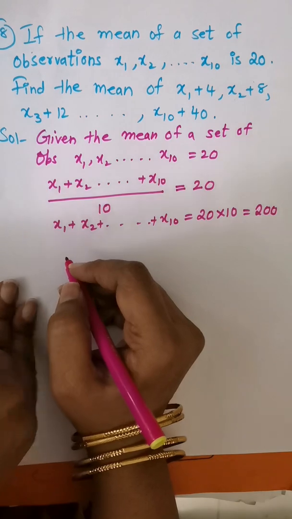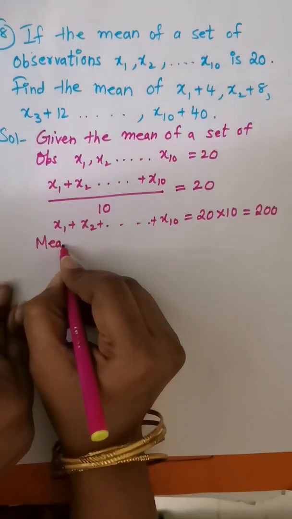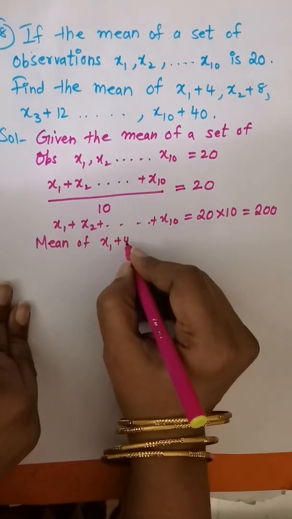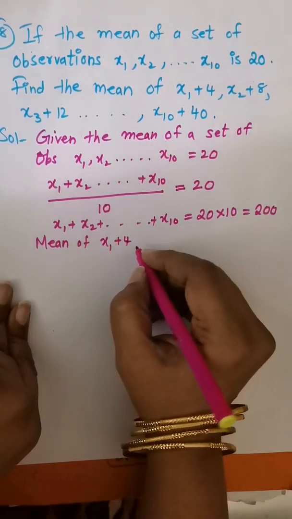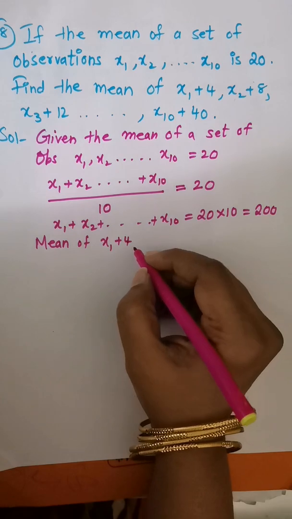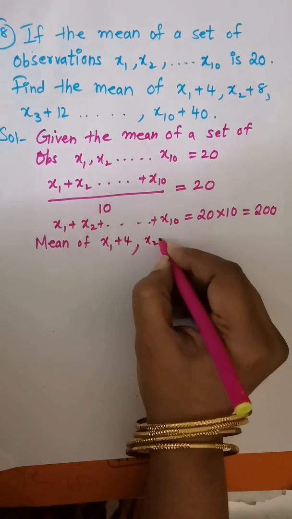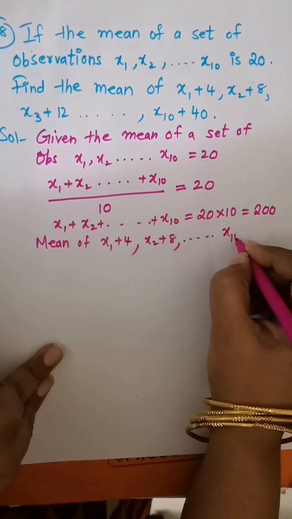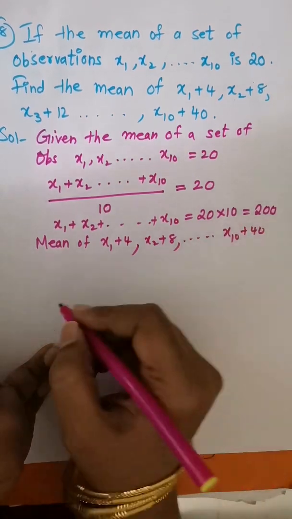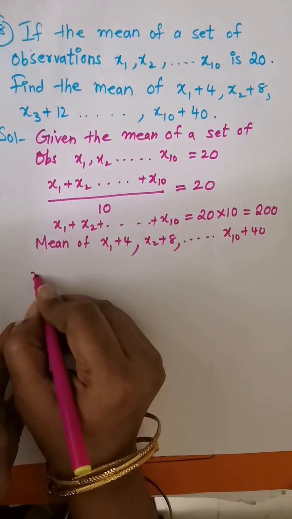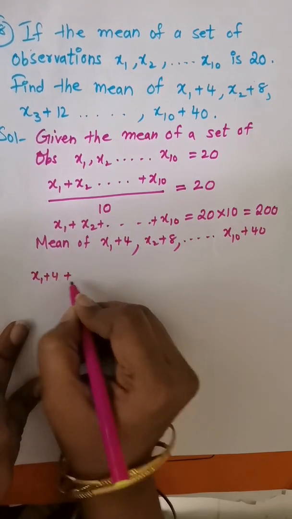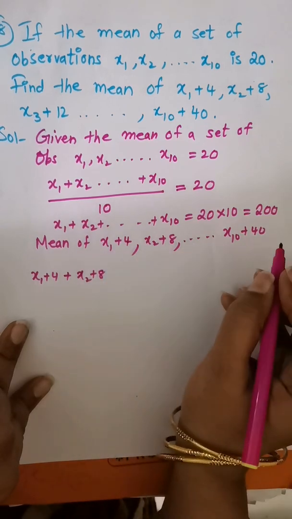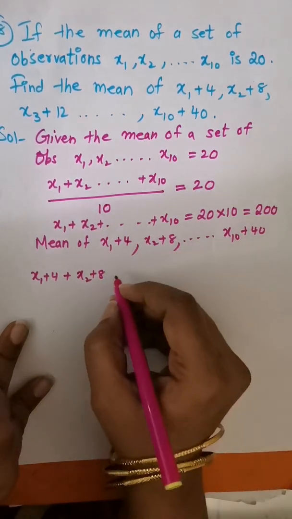We have to find the mean of x1 plus 4, x2 plus 8, ..., x10 plus 40. So the sum of observations: this is x1, x2 till x10, and here the 4 times table is running.